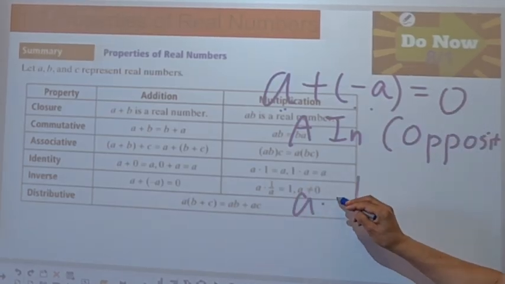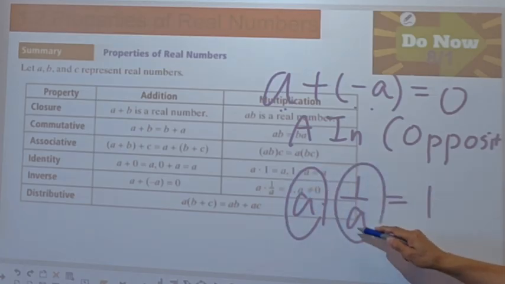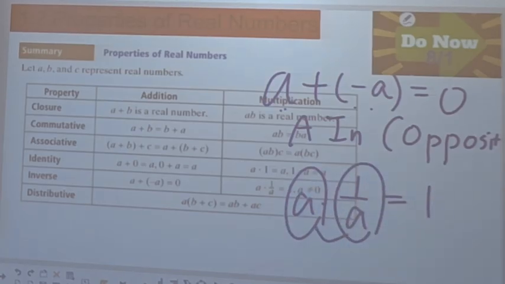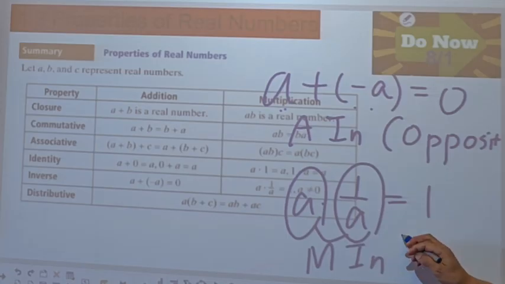But now, A times 1 over A equals 1, right? Then these two numbers to each other are what? Multiplicative inverse, right? Everybody got it? There's a special name too. They flip it. What do you call it?